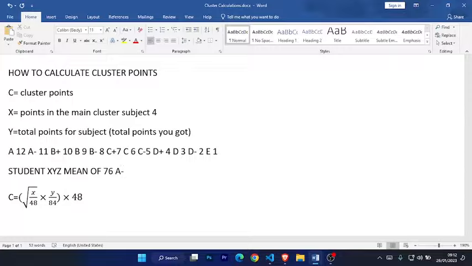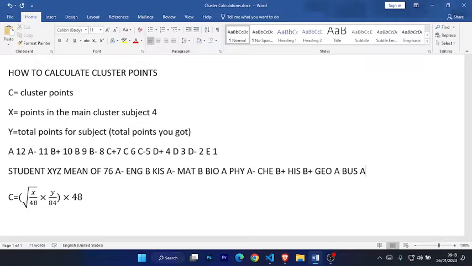She got a B in English, an A minus in Swahili, a B plain in maths, an A in bio, a B minus in physics, a B plus in chem, a B plus in history, an A, and A in business. I'd like us to calculate the cluster points for this student.